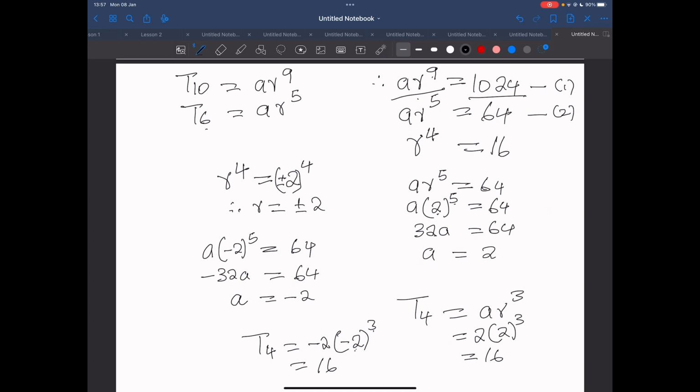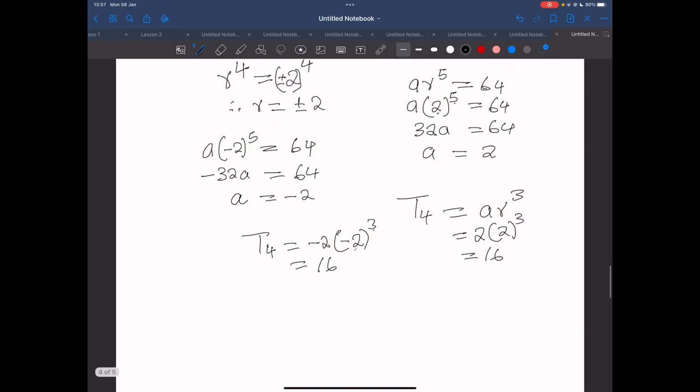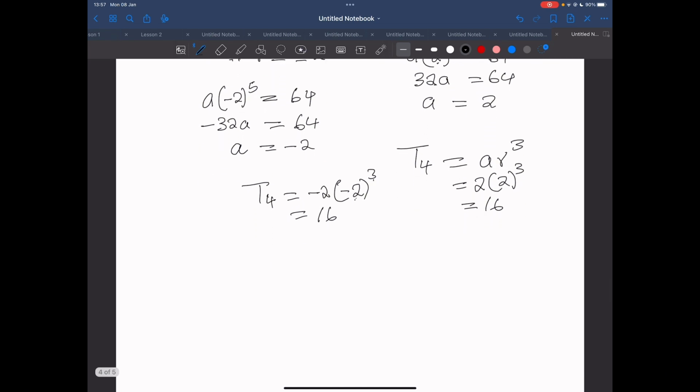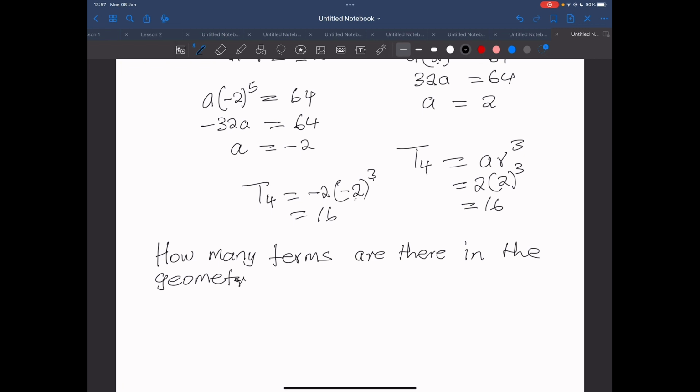Right, so we are going to take another look at how we can use the general term. Let's take the same sequence again. So we have the question: how many terms are there in the geometric sequence?